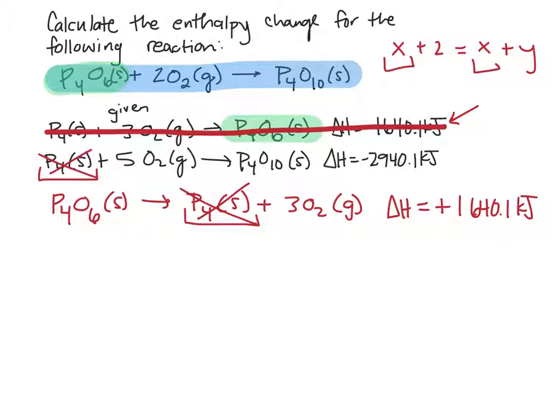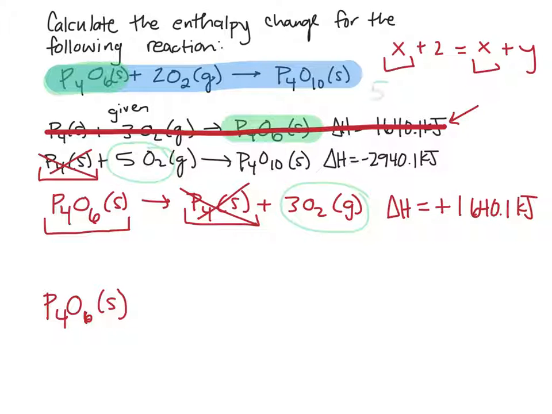Then I check my other chemicals. I see that I have my P4O6. I don't have anything to cancel, so that will end up in my final added up equation. I also see something really interesting. I see that I have 5 oxygen molecules in the gas state on the reactant side, and I have 3 oxygen molecules in the gaseous state on the product side. We end up treating this exactly like an algebraic equation.